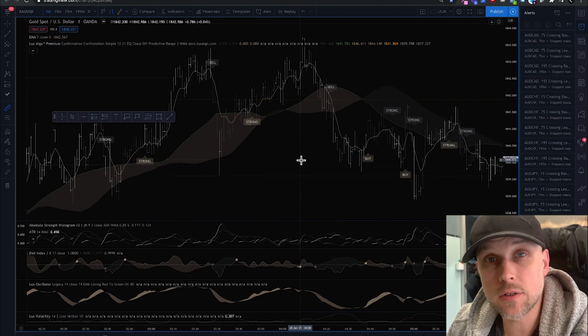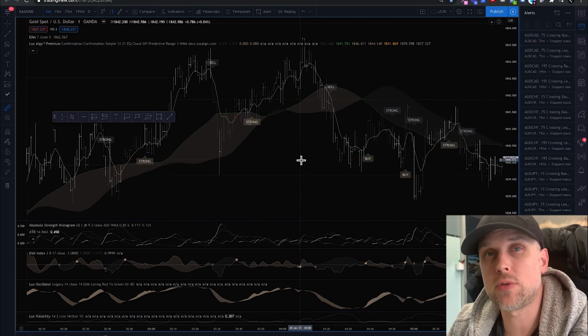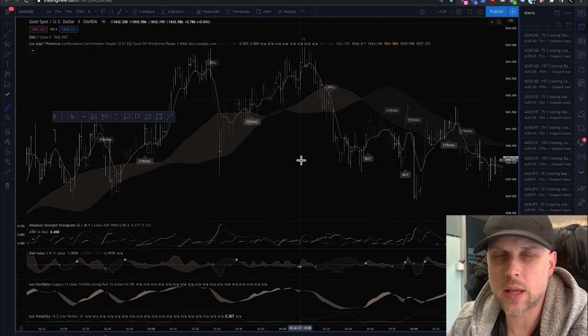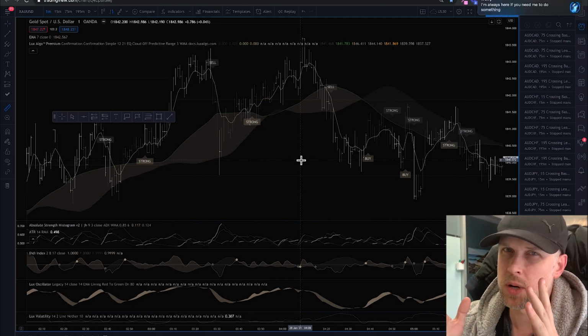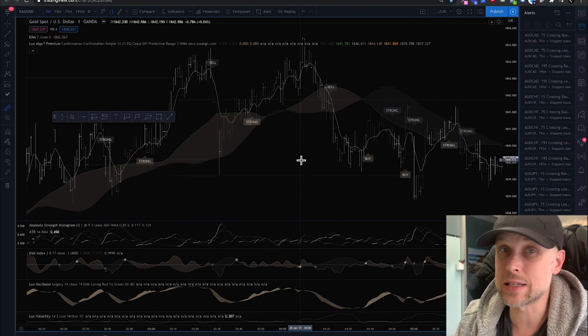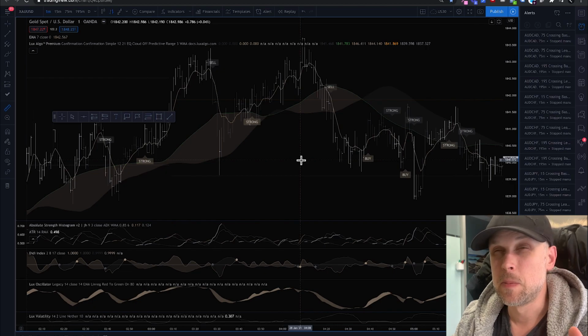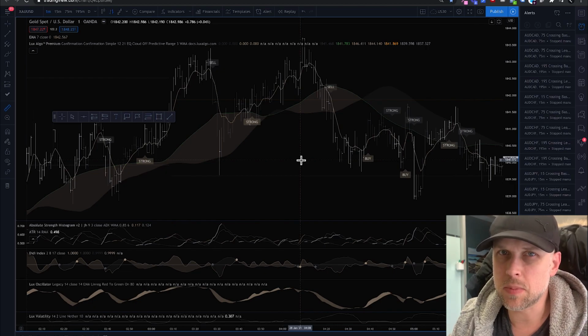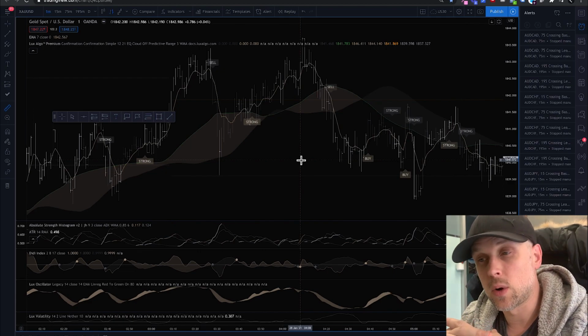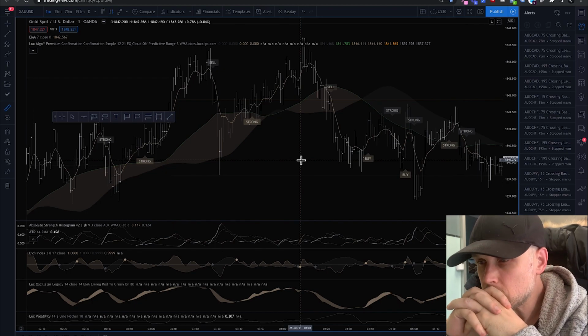In my old strategy, I wasn't paying attention to the confirmations very much, so they weren't an integral part of my trading. It was nice to see some of the confirmations to help me stay out of some trades, but I'm actually using the confirmations as a confirmation to get into a trade now. And so we're going to deal with that.